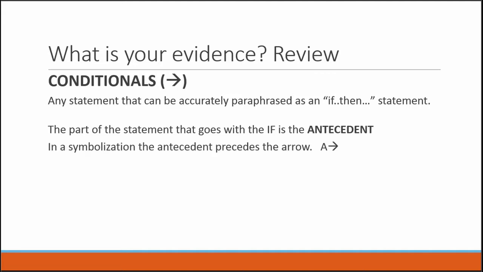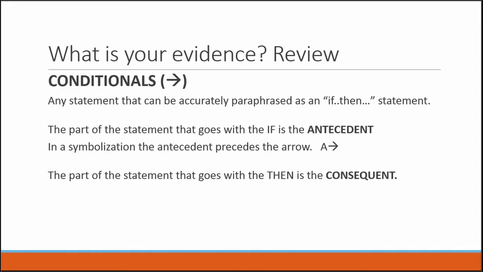And when we symbolize, the antecedent precedes the arrow. The part of the statement that goes with the then is the consequent. When we symbolize a conditional, the consequent goes after the arrow.